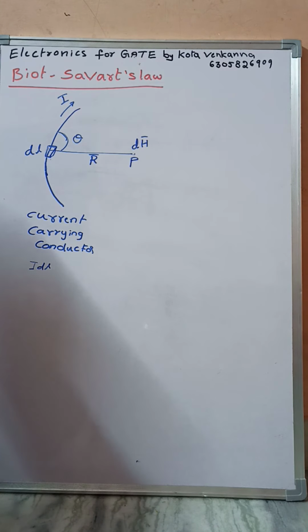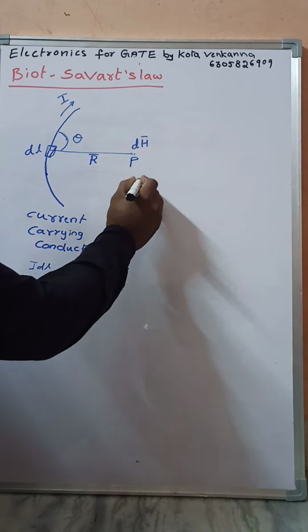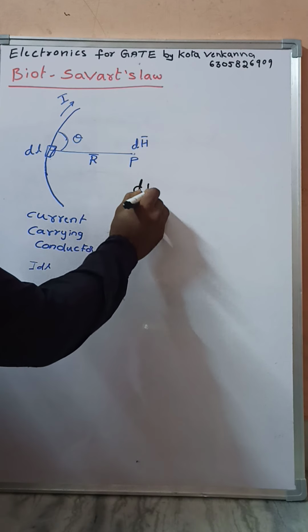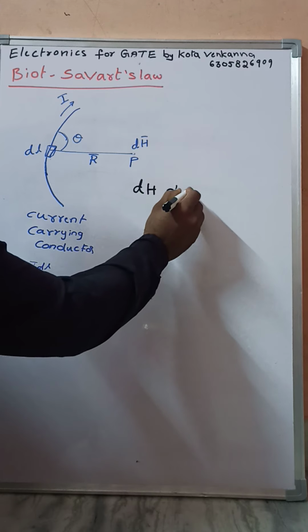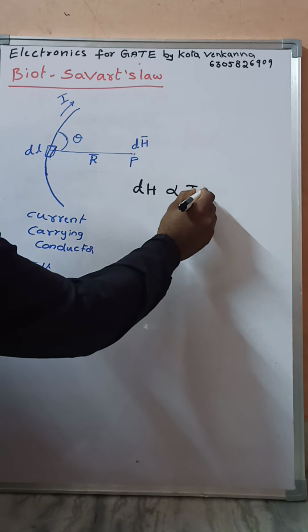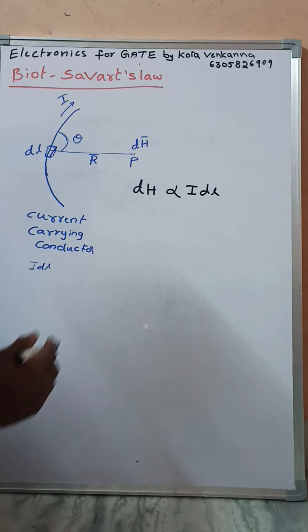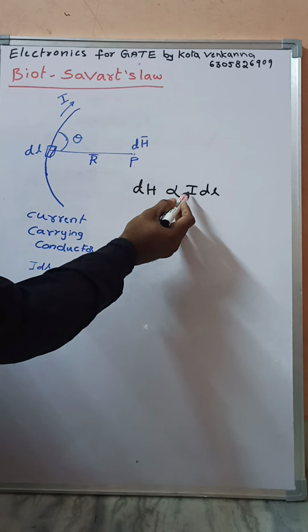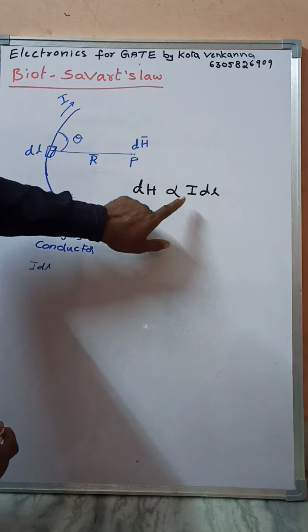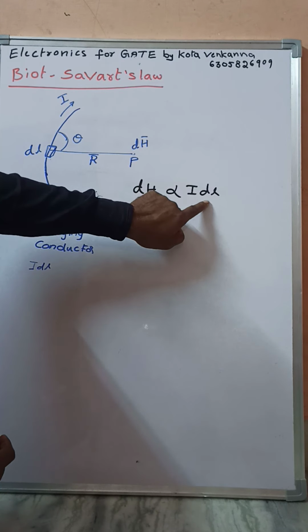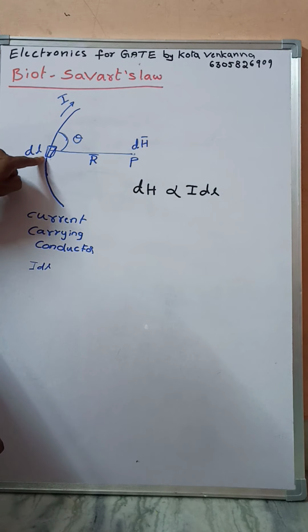From this diagram, Biot-Savart's law states that the differential magnetic field intensity dH is directly proportional to I into small dl, where the conductor carries the direct current I and dl is the small part of the current carrying conductor.